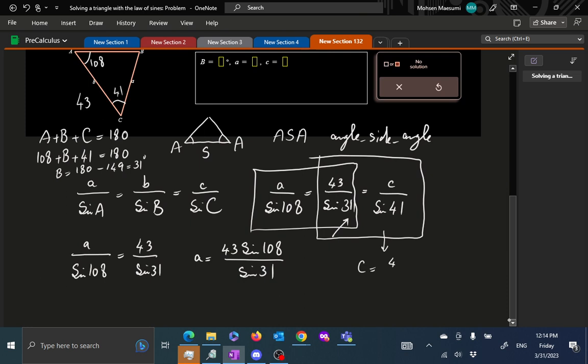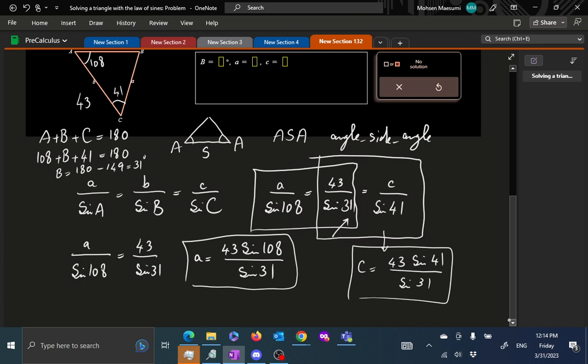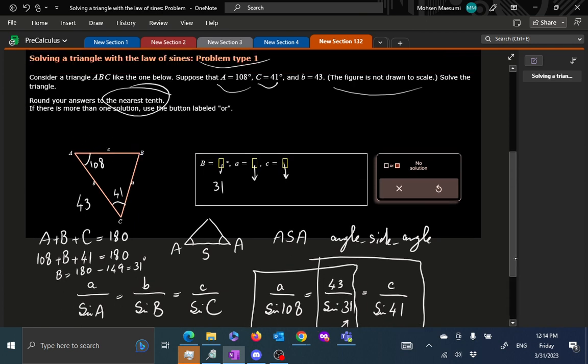You get 43 sine of 41 divided by sine of 31. So these are the two sides. So we found B to be 31, and a and c, you enter from the calculator and you'll be all set. Okay.